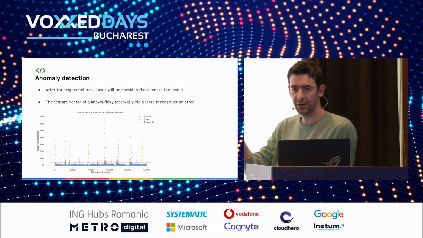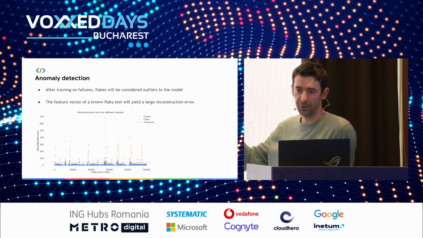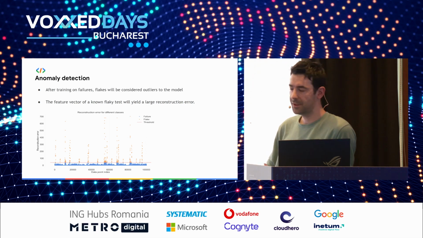It usually learns the things that you give to that model, just like us humans, right? We learn only the things that we read. So when it sees something that it has not learned, it doesn't know what to do with it, obviously it cannot reproduce that exactly. So the difference between the input and the output in this case would be large. So this is basically how we detect flakes.